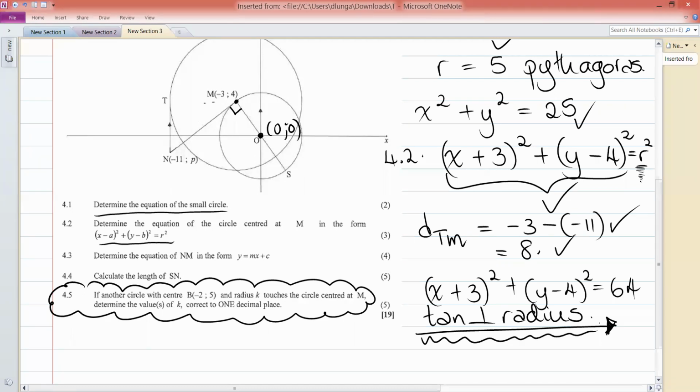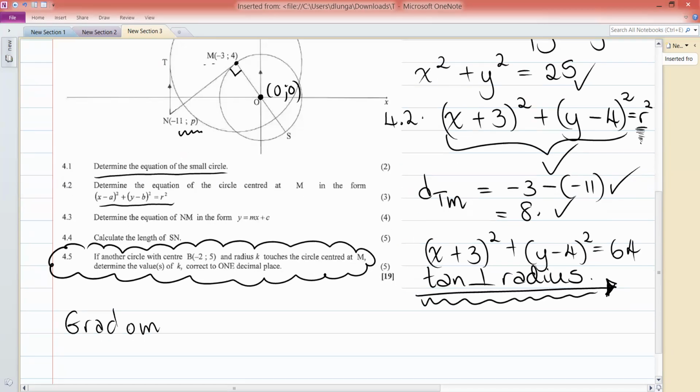So based on that 90-degree angle, what can you deduce about the gradients of NM and MO? Yes, if you multiply them together, you get -1. Brilliant. So we don't have P here, but we can find the gradient by working out the gradient of OM.